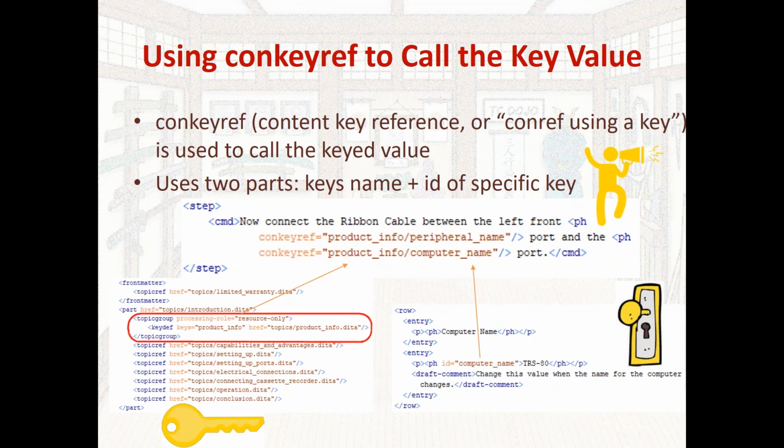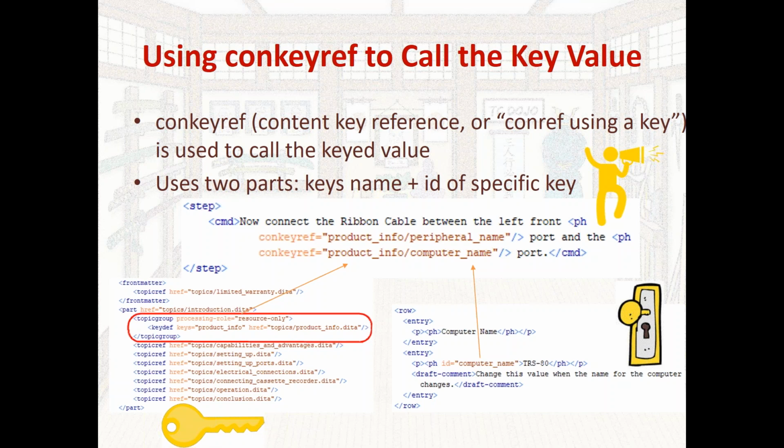Now, if we want to use that within other topics referenced under the same map, we can use ConKeyRef, which is short for Content Key Reference, or ConRef using a key if you like, which is then used to call that keyed value. Within the code, this is the bit where we have the little guy who is now calling for this key value.